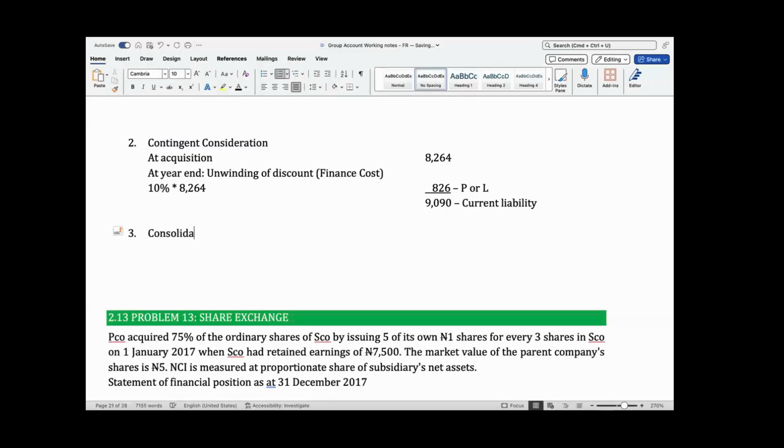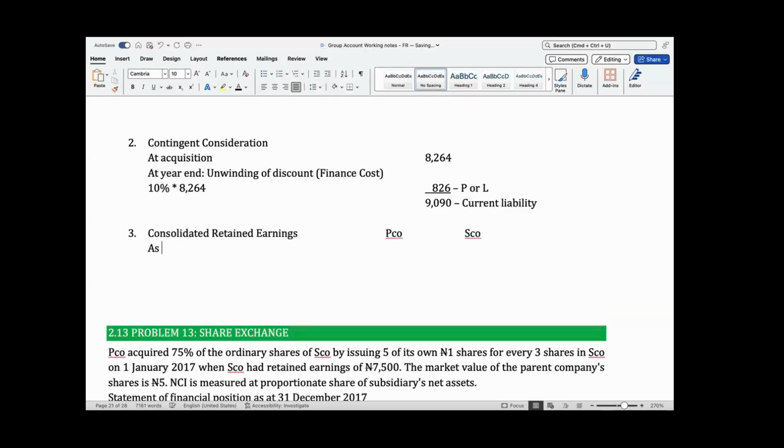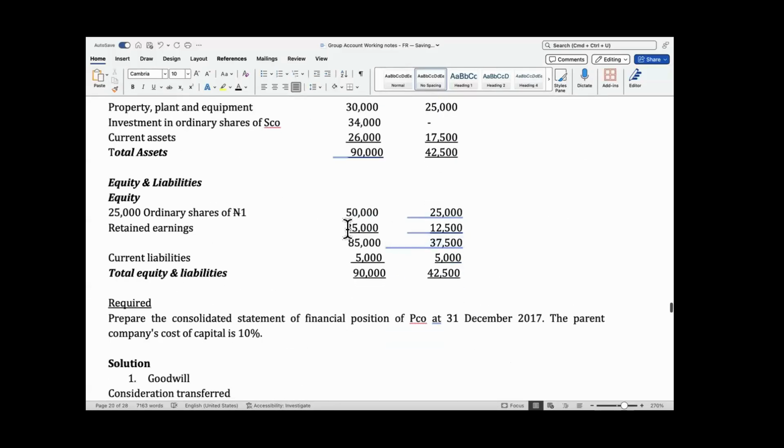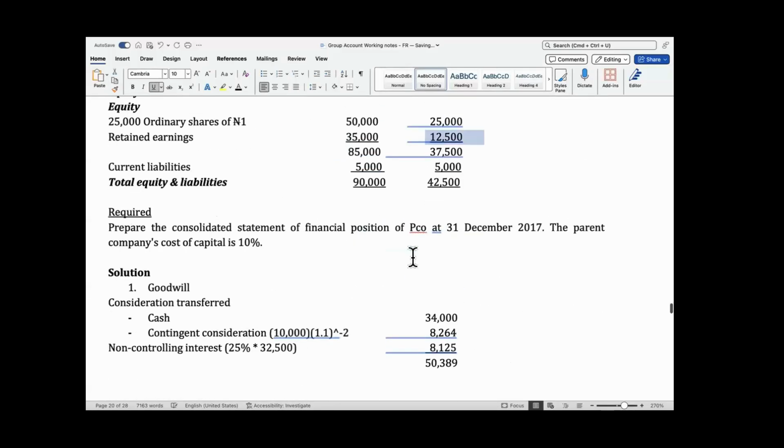So we'll do our consolidated retained earnings. We'll have PICO and ESCO. As per the correction first, what was the retained earnings of this? 35, this 12.5.